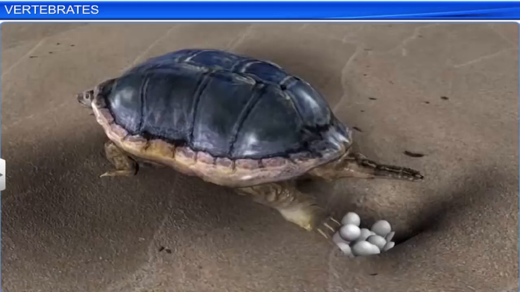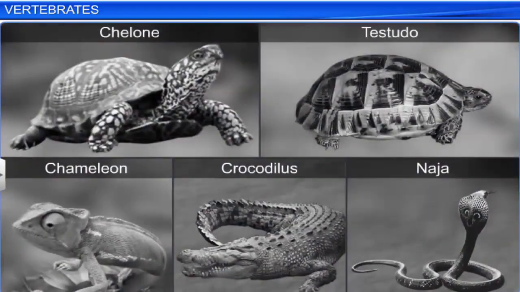They are oviparous and exhibit direct development. Some common reptiles are Chelone, Testudo, Chameleon, Crocodilus, and Naja.